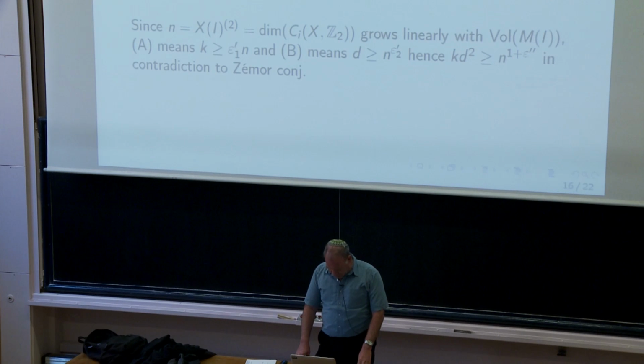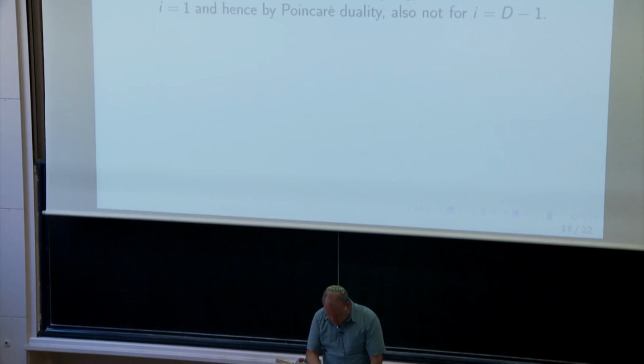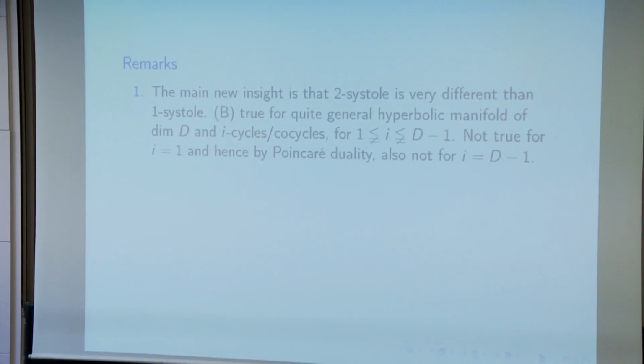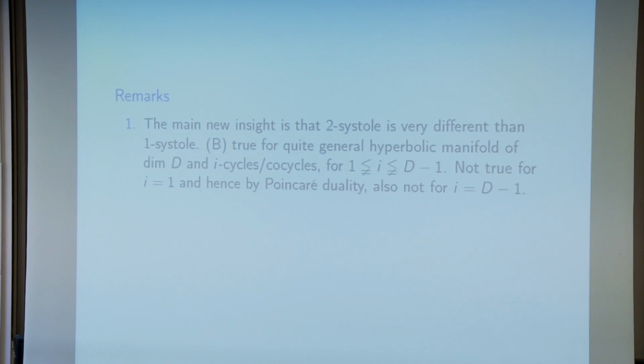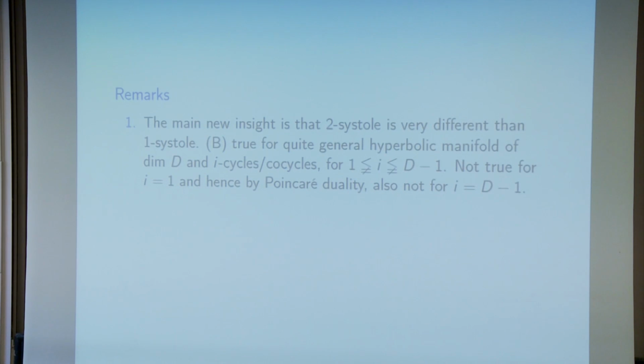So first of all, you understand why the theorem is doing better than Zémor. Okay, so maybe this remark is the one I really want to explain, because in some sense it's even more important than the technical explanation.